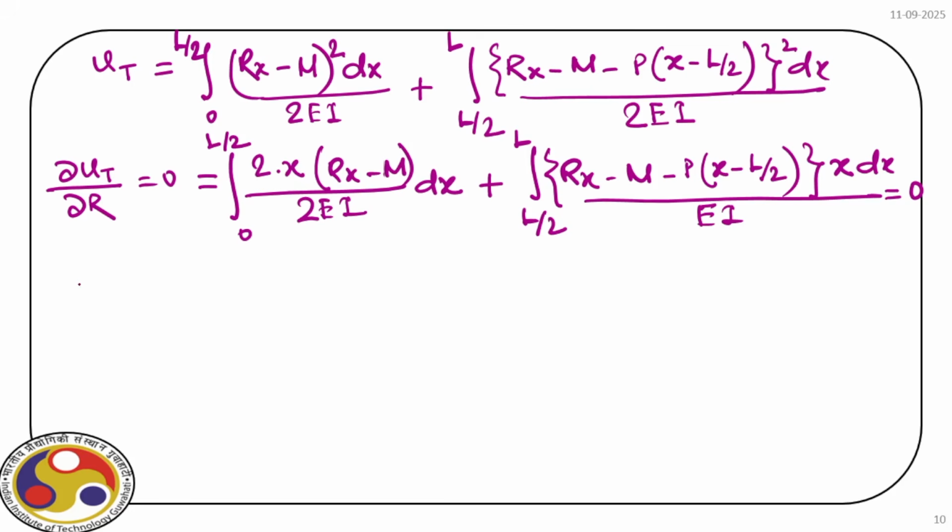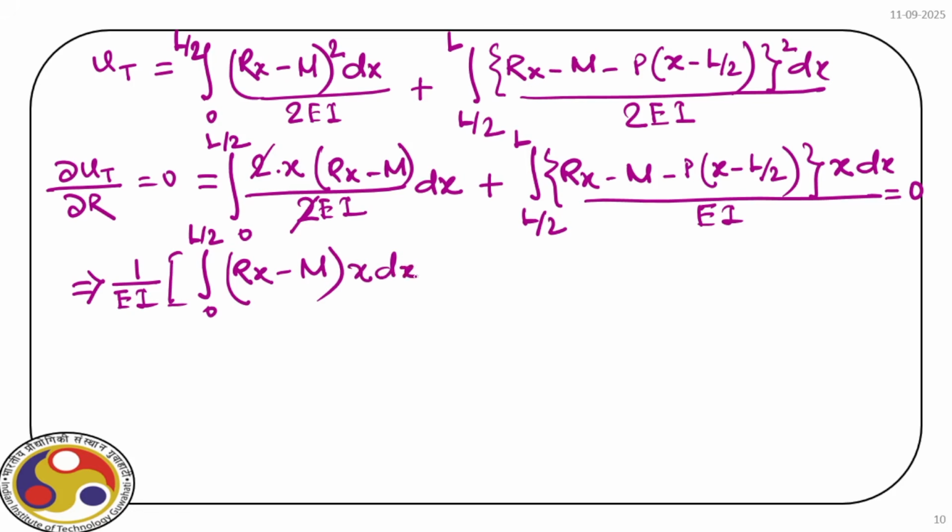Now we can simplify this expression. So this 2 will be cancelled, and effectively we have 1 by EI. Then 0 to L by 2 Rx minus M times x dx.